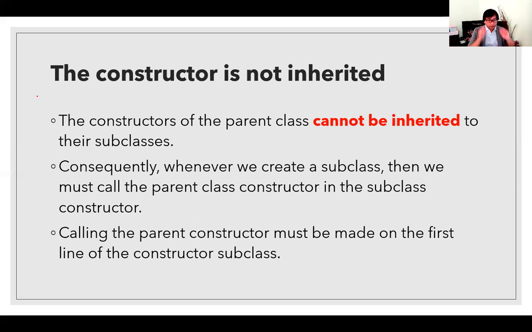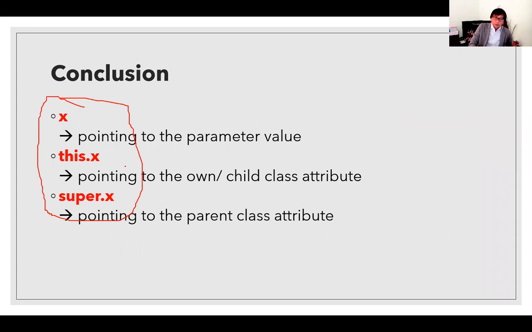And for the next chapter, I will explain that the constructor cannot be inherited. It means that even though a subclass can inherit the attributes and methods of the parent class, it cannot inherit the constructor.